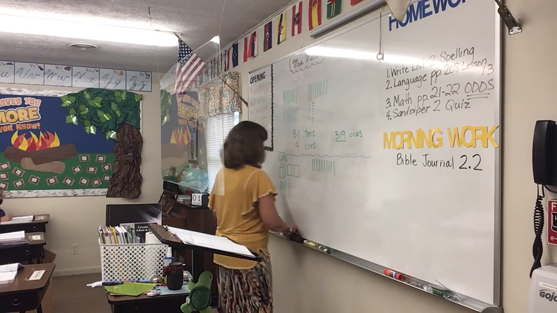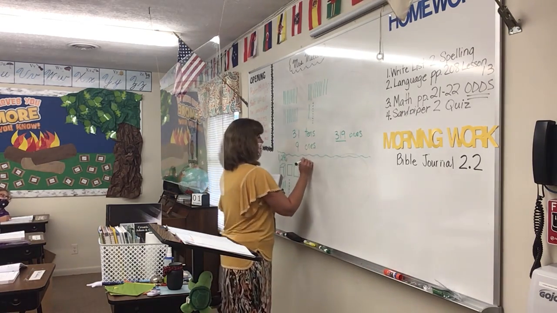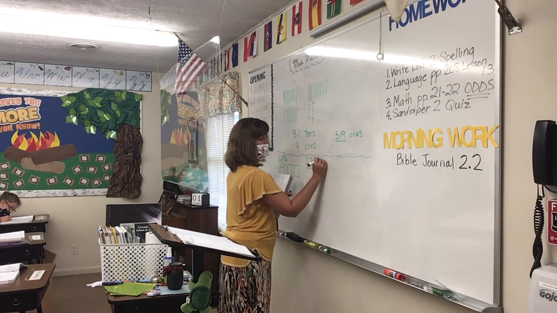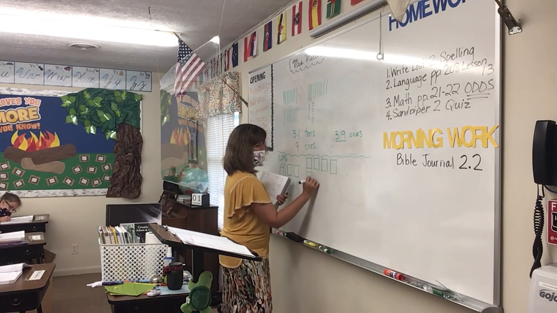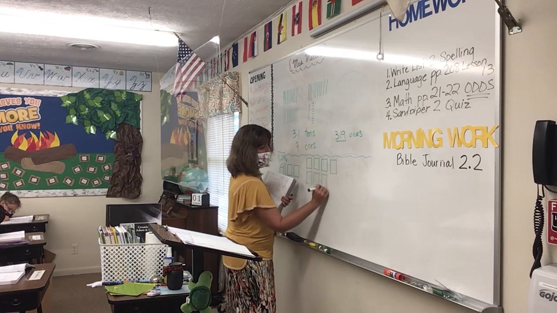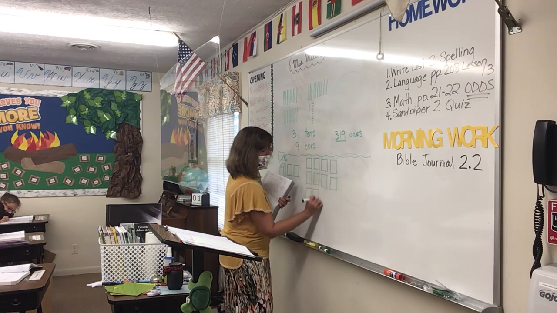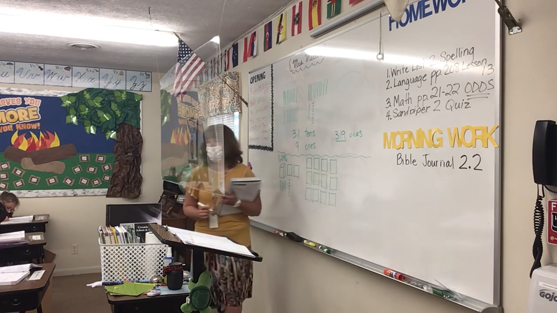We need to draw 12 squares to represent 1,200. How are we ever going to fit this in here? They don't fit, you just have to draw little squares.